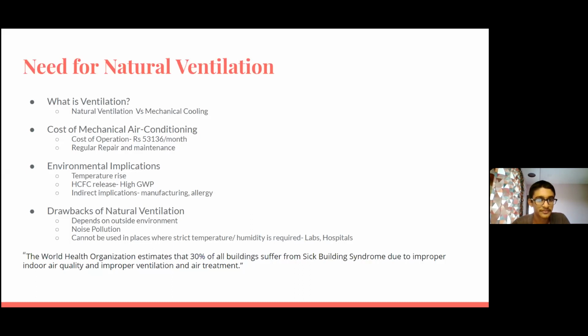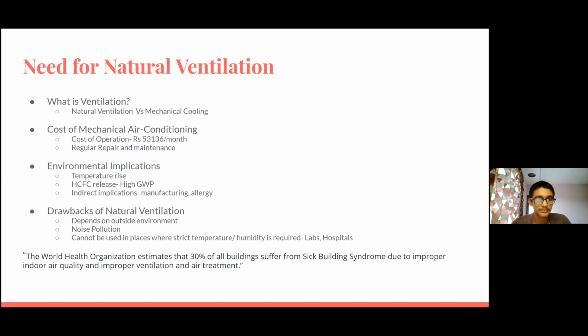What is the difference between natural ventilation versus mechanical cooling? Basically, natural ventilation, as we all know, is like you open windows, you let air flow enter a space, right? You depend on the outside environment to achieve certain temperature and humidity requirements.